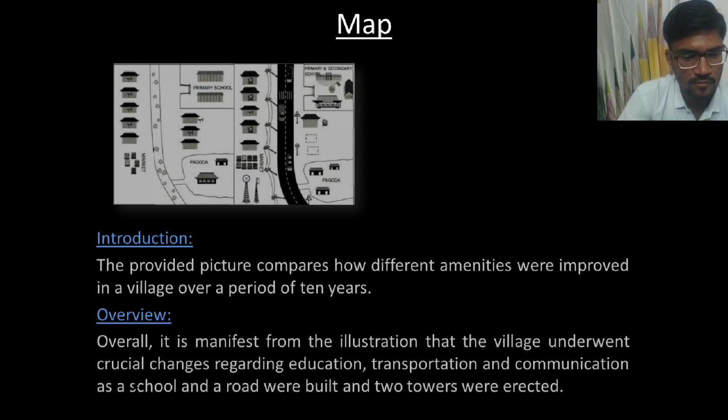Okay, so a school and a road were built and two towers were erected as part of improvements in education, communication and transportation. So this is what I wrote as an overview.